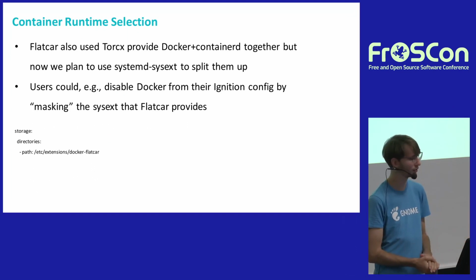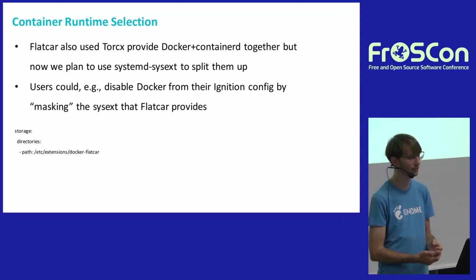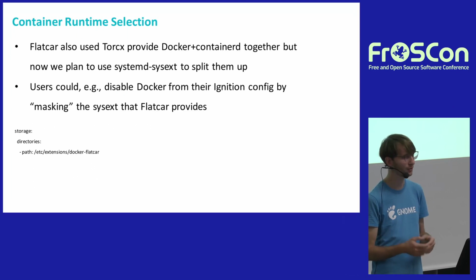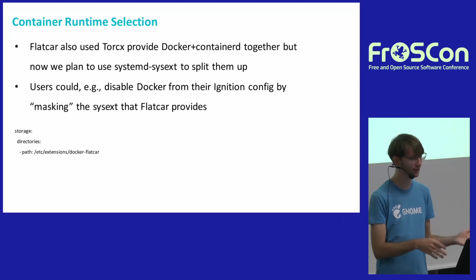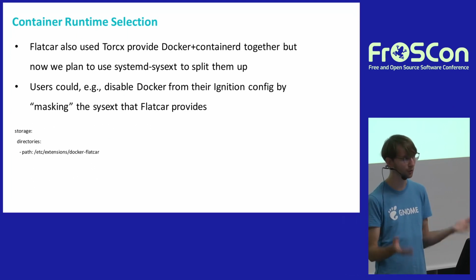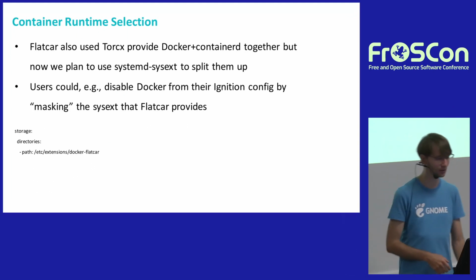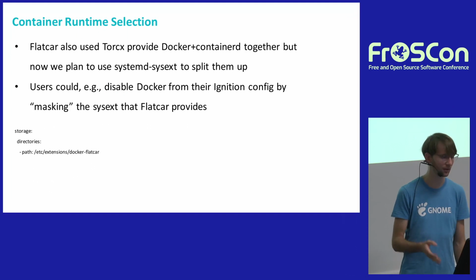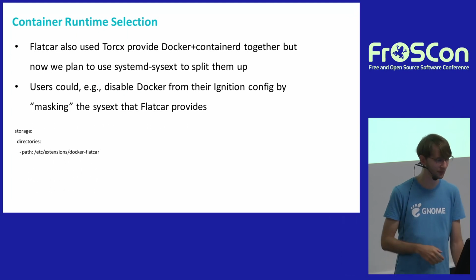And now we plan to use systemd-sysext for that, and you can even split this up a bit to say we have Docker in one image and containerd in the other image, and then you can have both, you can have one of them, or you can have none of them. So users could, for example, disable Docker because they don't need it from their Ignition config, so the system boots without Docker, but with containerd.